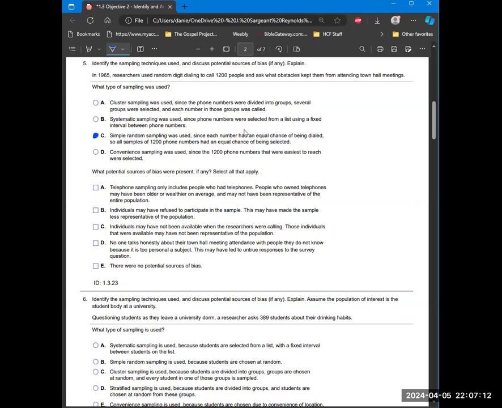So what are potential sources of bias that were present, if any? Telephone sampling only includes people who had telephones. People who owned telephones may have been older or wealthier on average and may not have been representative of the entire population.